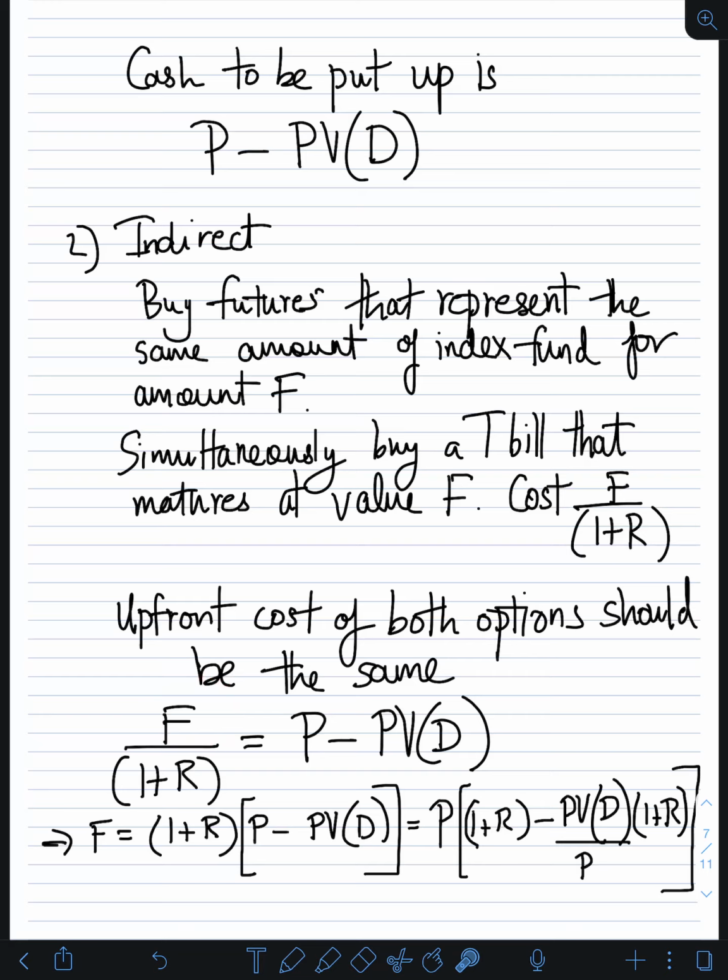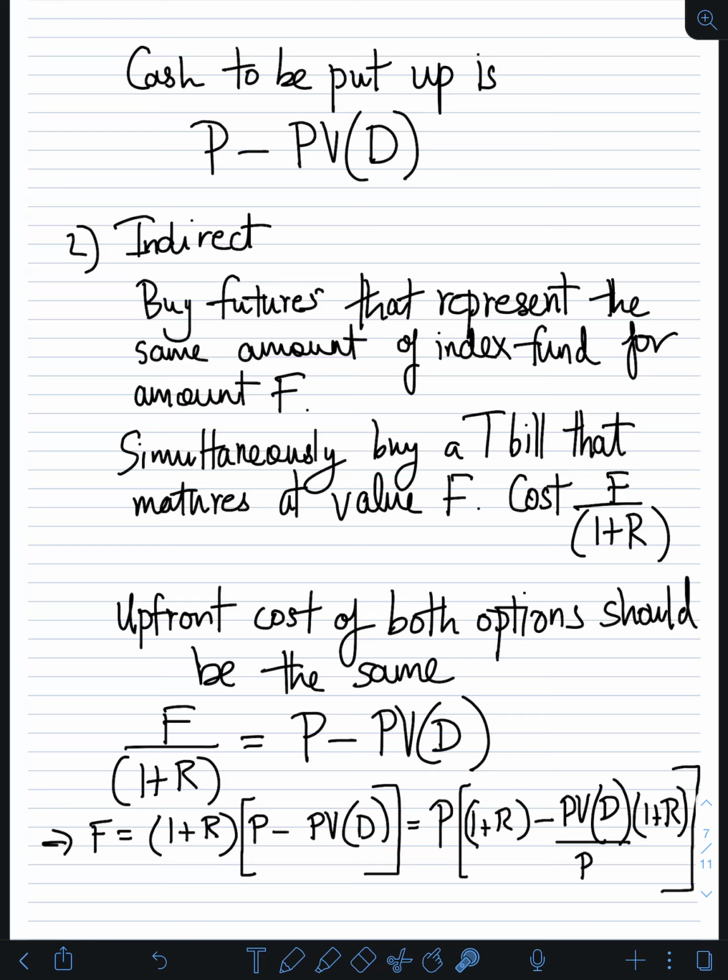Okay, but we care about F. So we can bring this 1 plus R over to the other side, which gives us F equals this term times 1 plus R, which is 1 plus R times P minus PV of D. If you want to simplify it related to the price of the direct index fund today, you could just pull the P out and simplify it in the form of the textbook, which is P times 1 plus R minus PV of D times 1 plus R. But we pull the P out over here, so we need to divide by P again.